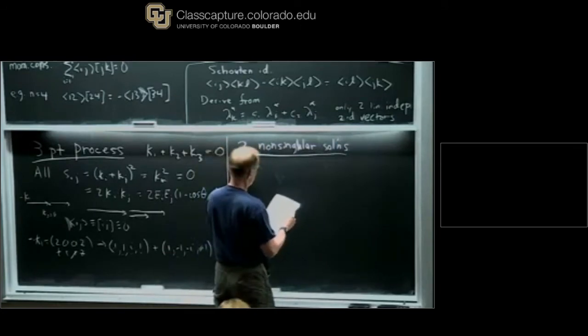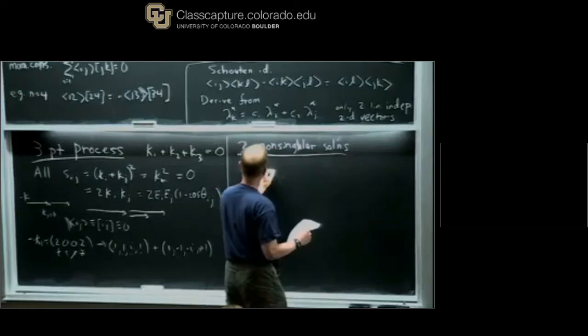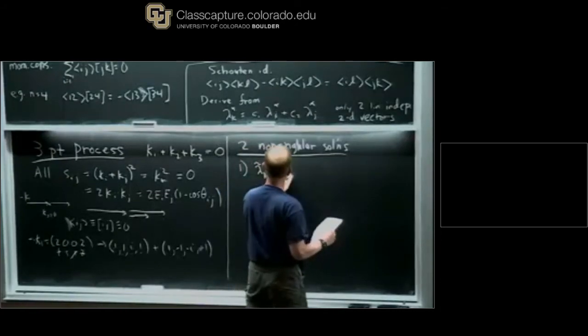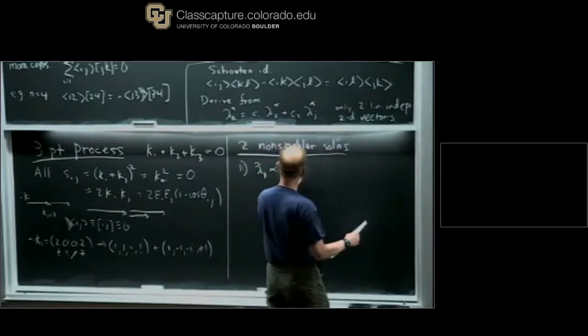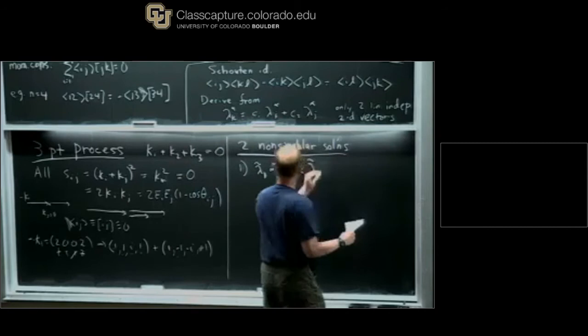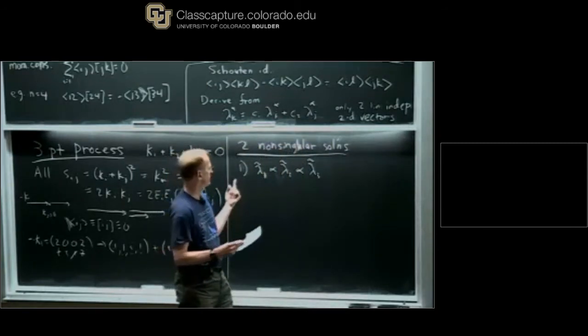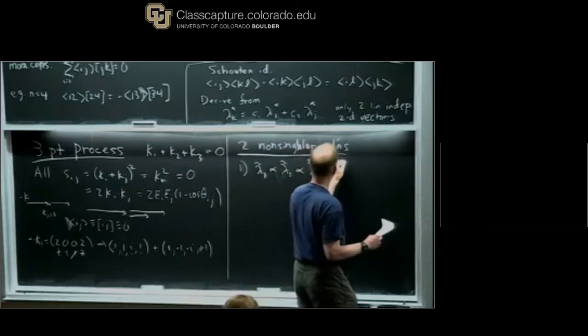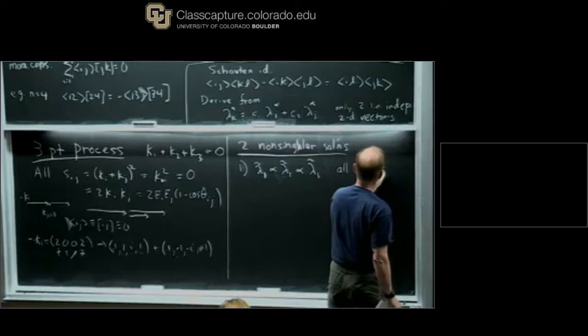So one solution is that we take lambda 1 to be proportional to lambda 2, and the proportionality constants are a little bit arbitrary, and proportional to lambda 3. So all three of the lambda tildes are proportional to each other.